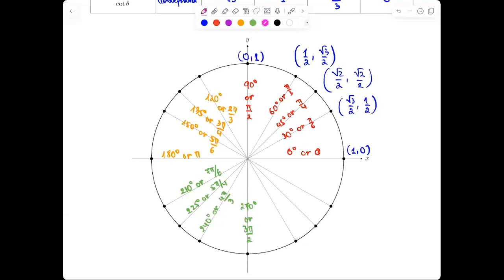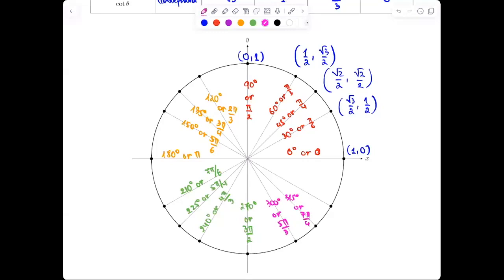Then you just keep going, right? So 210 plus 90 degrees, you get 300 degrees or 5 pi over 3. So 225 added with 90, you get 315. Or this is 7 pi over 4.